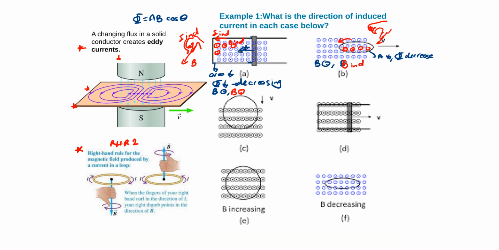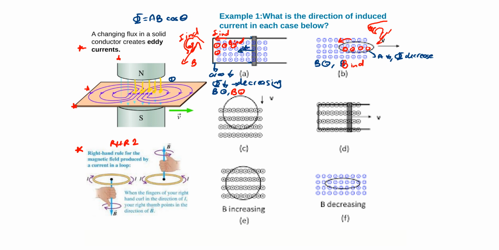Let me see what we have here. We have magnetic field down, right? This sheet is moving right here. So on the right side here, magnetic flux is decreasing.